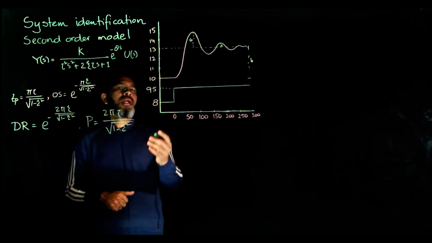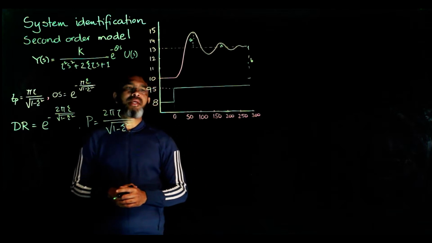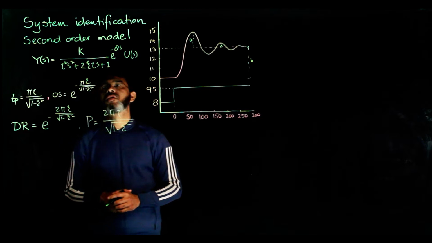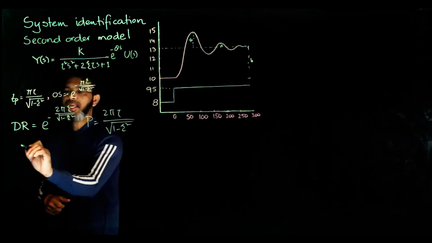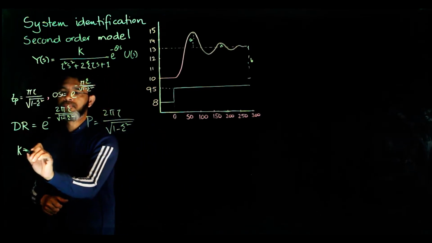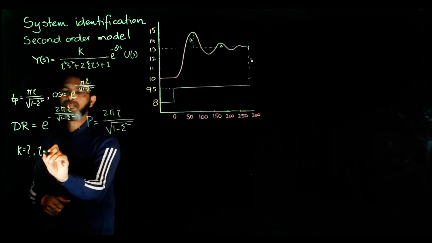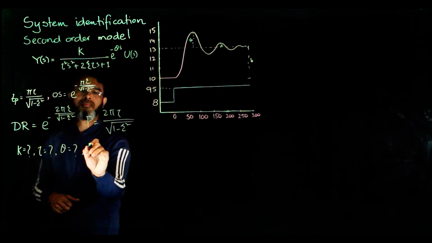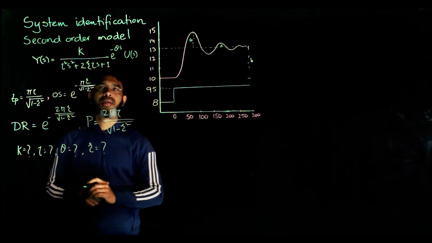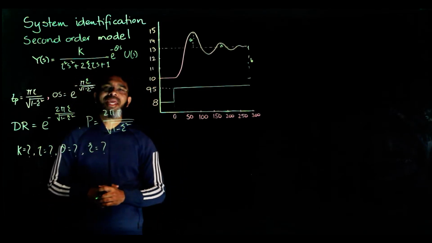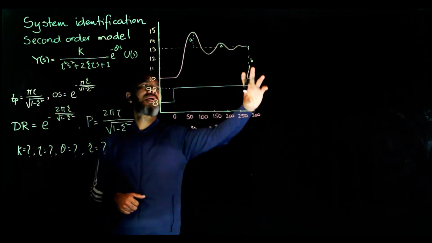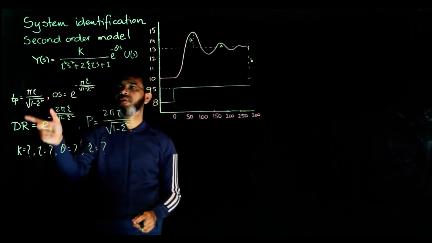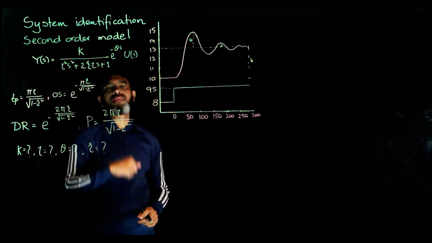Now take a look at how you can approach this solution. We need to find these four parameters. For K, from the definition of K, we can directly find it from the ratio between delta Y and delta U, so we do not need any of these equations.